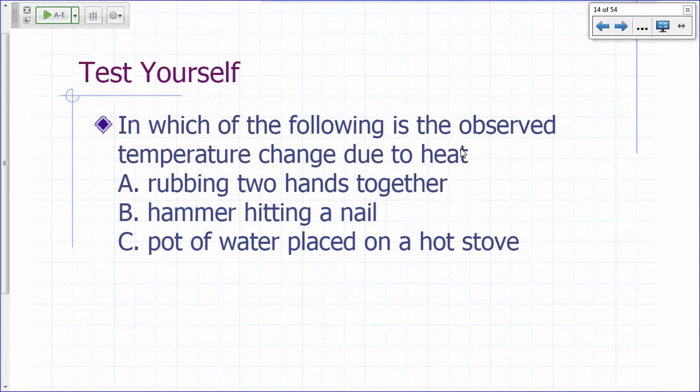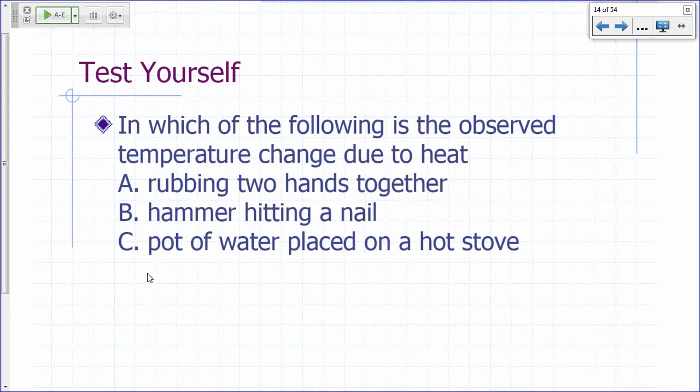All right. So, in which of the following is the observed temperature change due to heat, given the definition of heat and work? Is it A, rubbing two hands together? What do you notice when you rub your two hands together? It gets hot, right? Are you heating your hands?